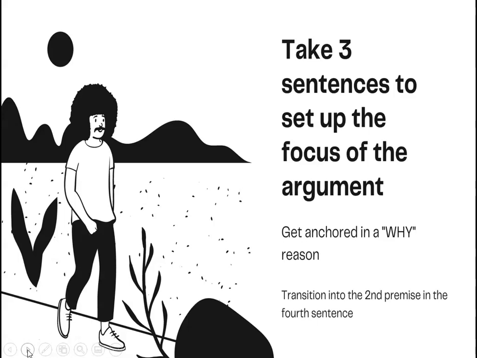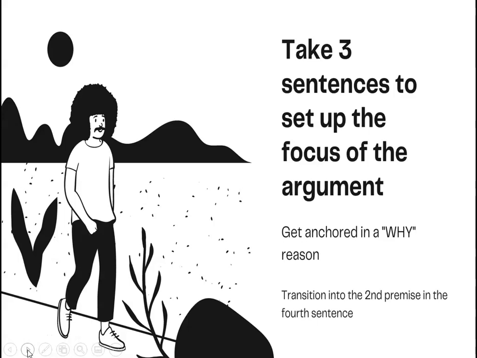So before we take a look at the first premise of student sample number 1, let's talk about how I want that set up. The first premise should take 3 sentences to set up the focus of the argument. The College Board always says your argument must be central, and even if I'm working with non-College Board students, I always say that to them.